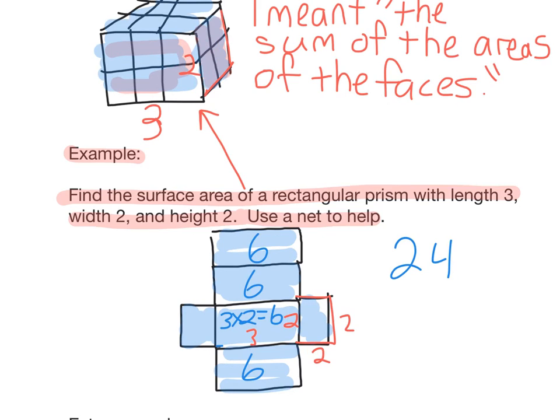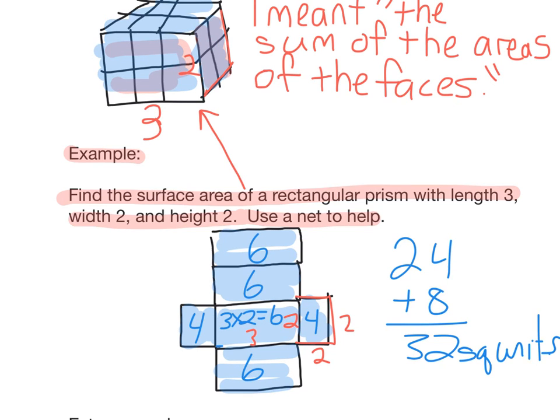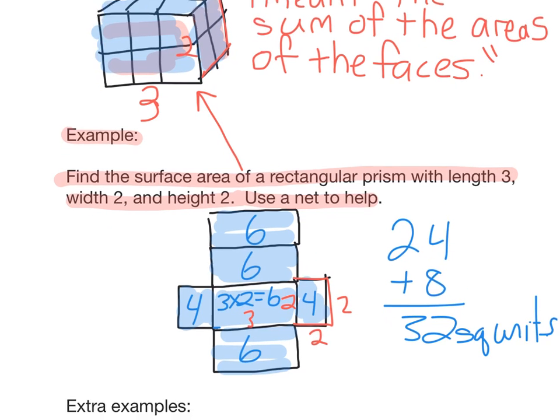And the area of the end faces are 2 times 2, which is 4. So I have 2 4s. Those add up to 8. And so 24 plus 8 is 32. So the surface area of the rectangular prism is 32 square units. Make sure that example gets into your notes.